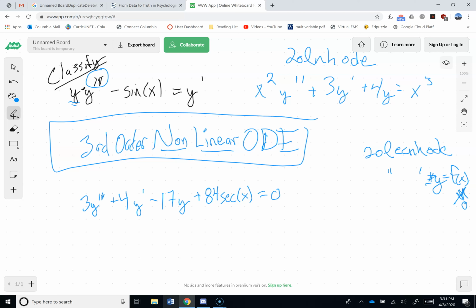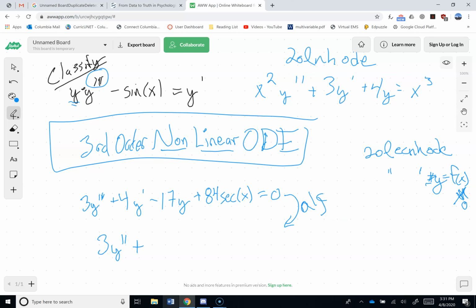Keep in mind that all of these are up to algebraic rearrangement. You can take this thing and rearrange it using a little bit of, maybe algebra is even an overstep, it's more like subtract some stuff.